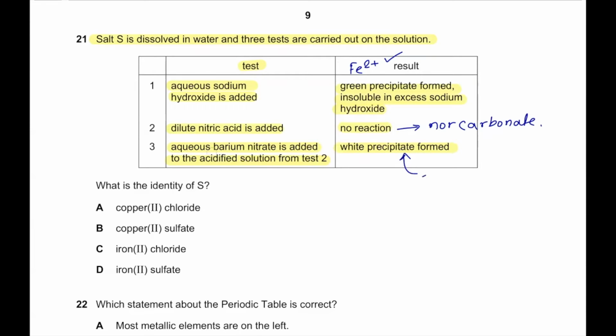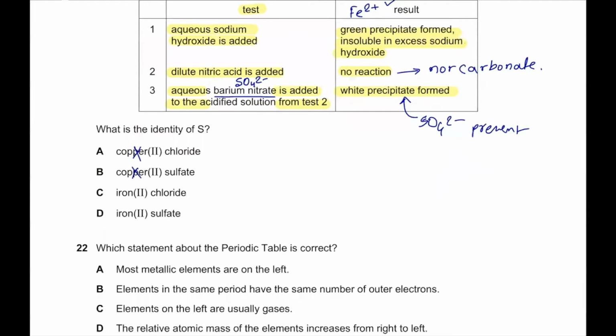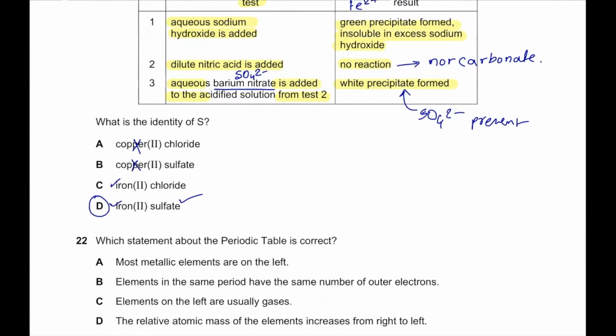We know that barium nitrate is a test for sulfate ion, and since we get a white precipitate, that means SO4 2- is present. Now, from the Fe2+, we can confirm that copper is not present and iron is present, and iron and sulfate both are present. So D is the correct answer for this question.